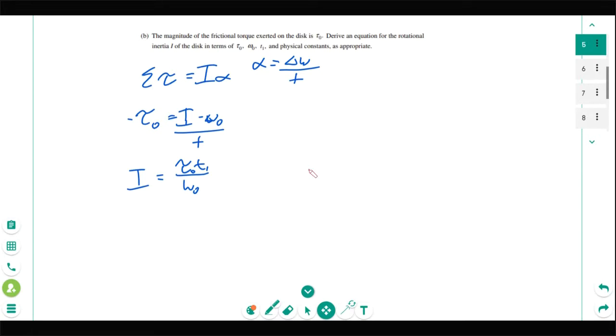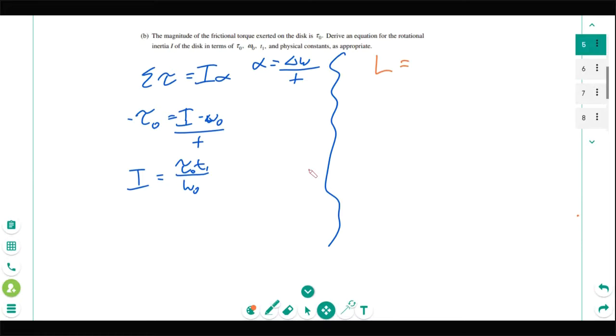Okay, the other way to do this question comes from the fact that a change in torque changes my angular momentum. Let me write it out like your reference tables have it.